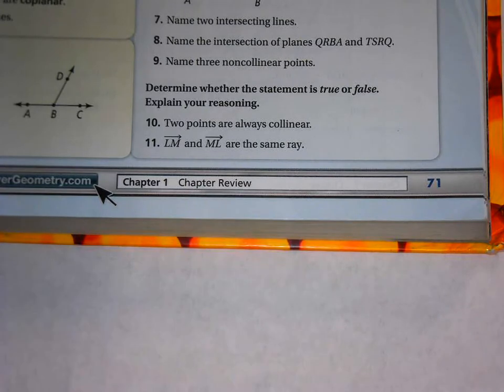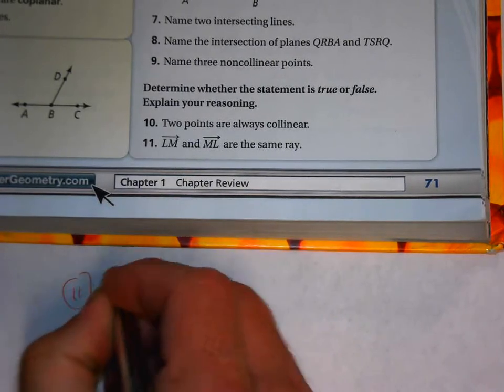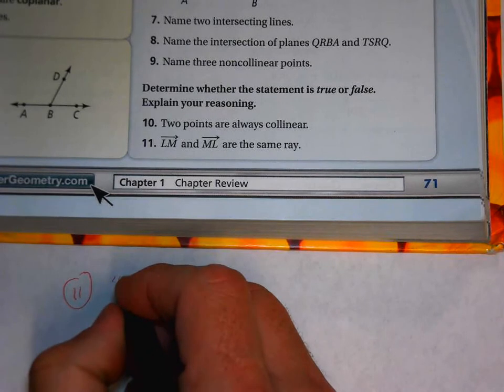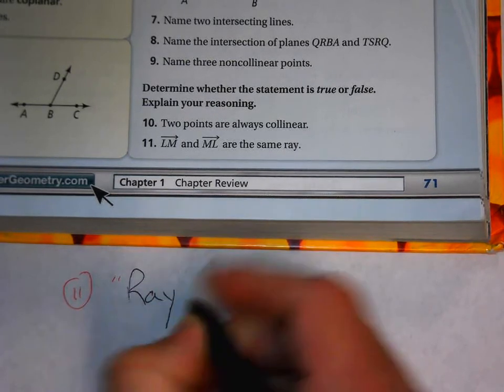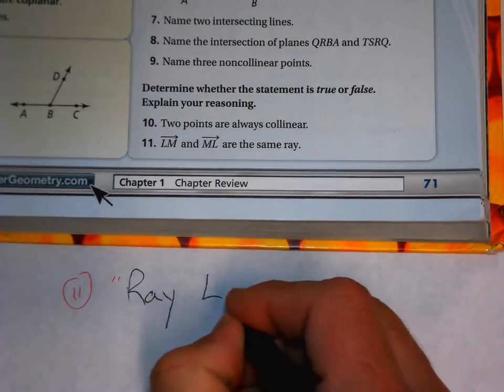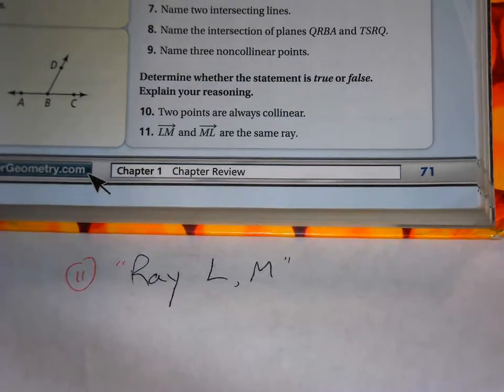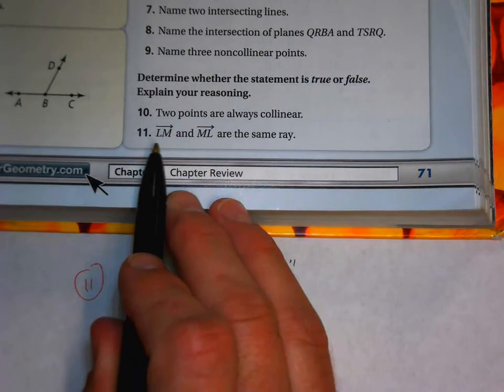So number 11, how do you even read that? Here's how to read number 11. The first thing out of your mouth should be Ray L M. That's how you read that.